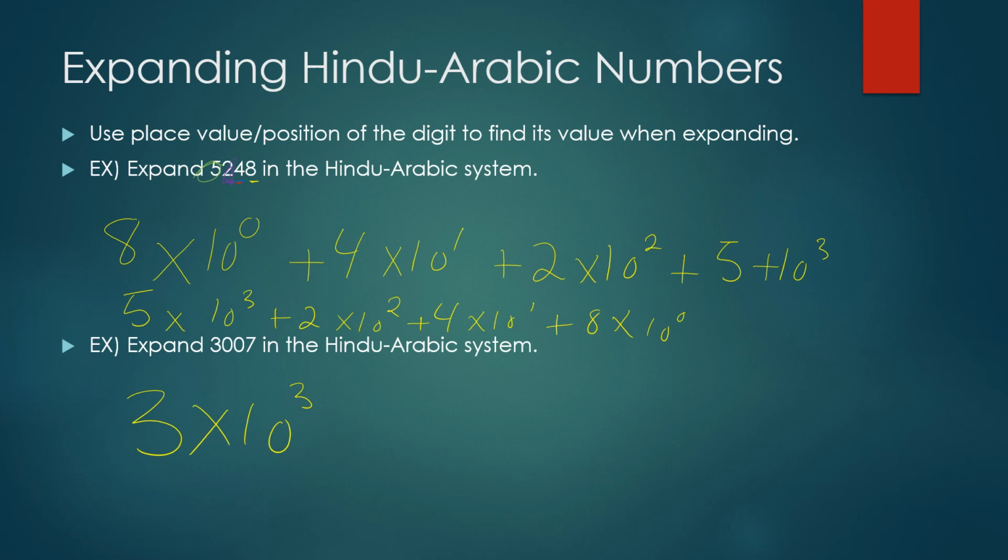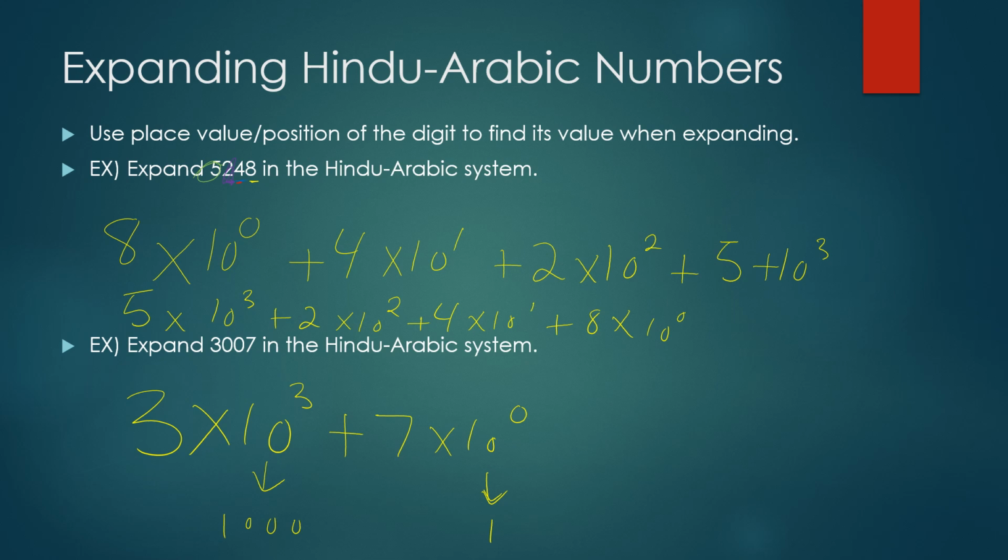So we could just go ahead and write plus 7 times 10 to the 0. Remember that 10 to the 0 power is 1. This represents 3,000. This represents 7. And that's it. That's all you have to do to expand.